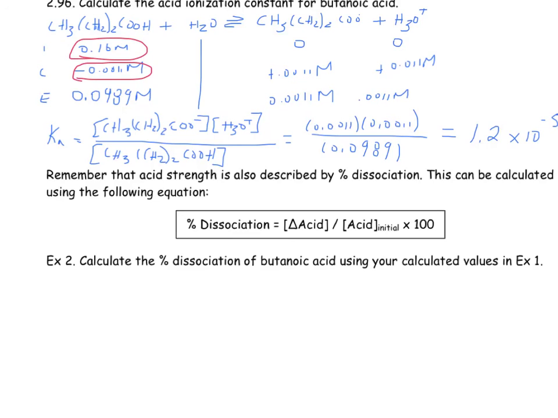So the percent dissociation can be easily calculated. This also proves that butanoic acid is a weak acid because it does not ionize anywhere close to 100%.